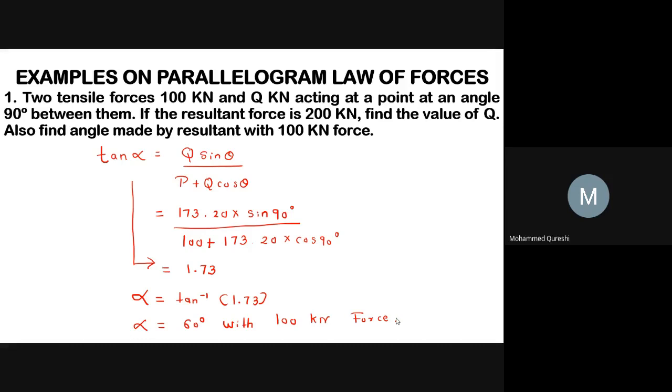In the next lecture we will go to a different method for finding the resultant force analytically. Resolution of forces and the triangle law of forces will be discussed in the next lecture.